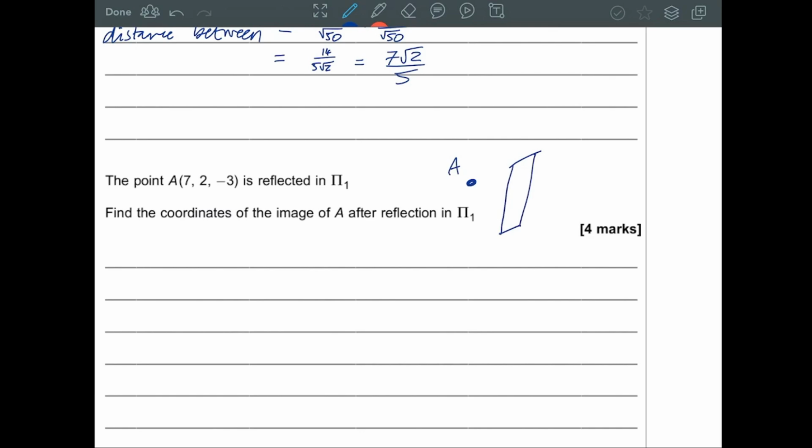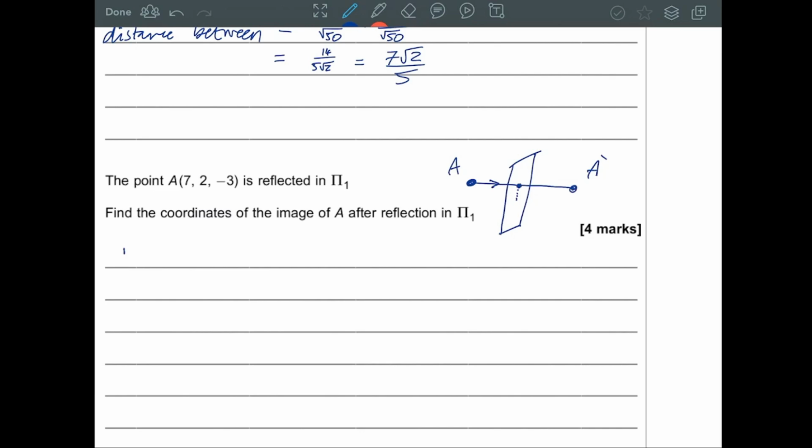I normally draw them as horizontal planes, but we can find out where A dash is. So the technique I'm going to use here is I'm going to find the equation of this line. I'm going to work out where it intersects, and then I'm going to double whatever that value of lambda is to go all the way.